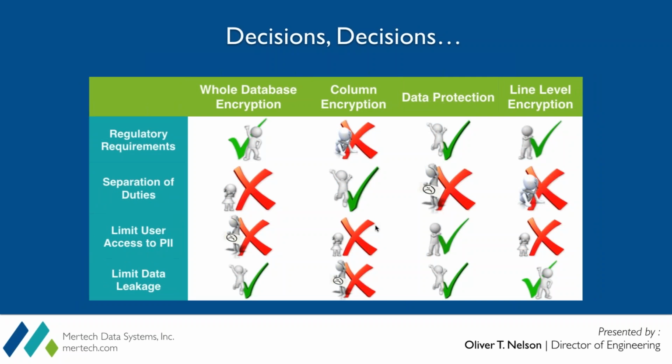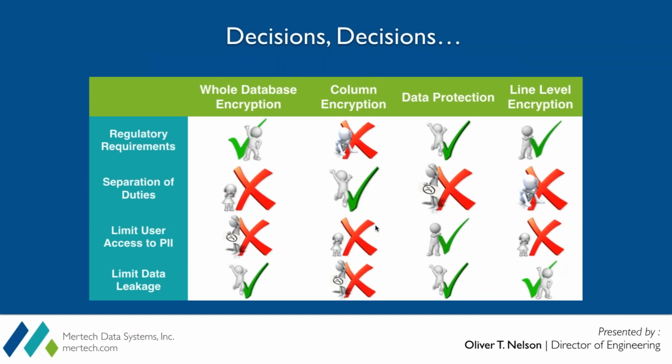So what do you do? What do you use for your specific environment? Well, I tried to make a table here. I don't know how helpful it'll be for all of you, but if you're dealing with regulatory requirements, really your options that look the best from my standpoint are using TDE or whole database encryption, along with these new data protection masking features and line level encryption.